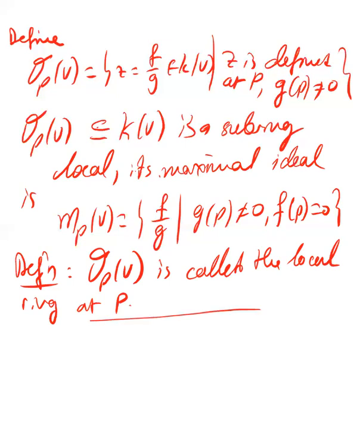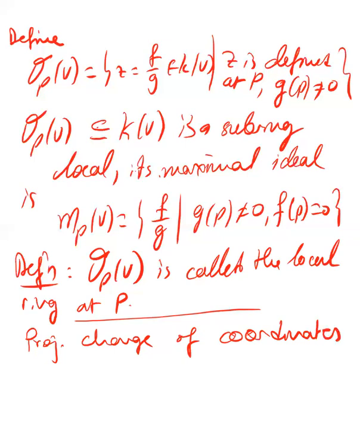Let me just comment also on projective change of coordinates. So if you take a linear isomorphism from this vector space to itself, a linear change of coordinates, remember in the affine case, changes of coordinates are isomorphisms plus translations.